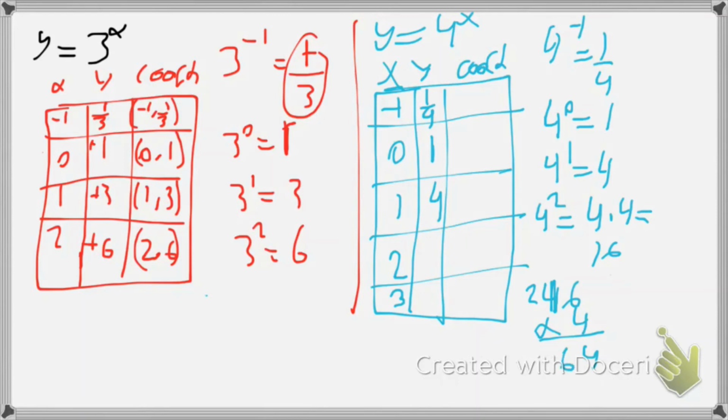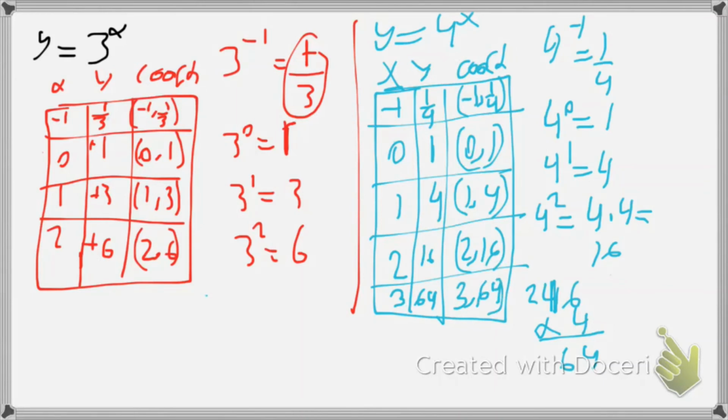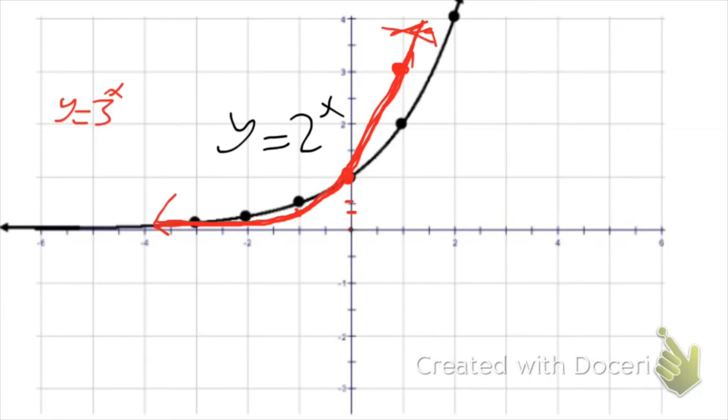So this graph takes a steep curve. Now the coordinates are (-1, 1/4), (0, 1), (1, 4), (2, 16), (3, 64). So let's go back to the graph and plot these points.